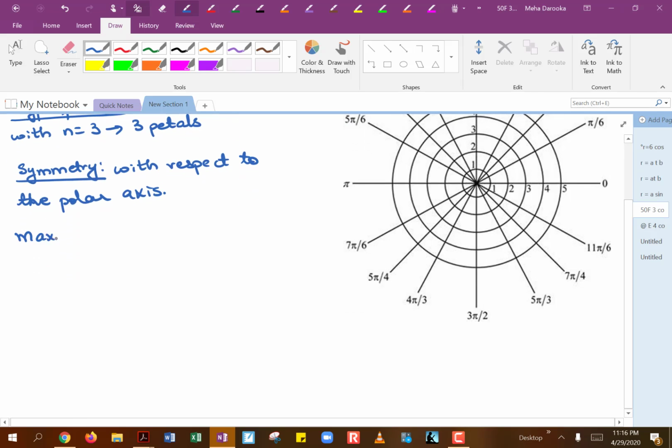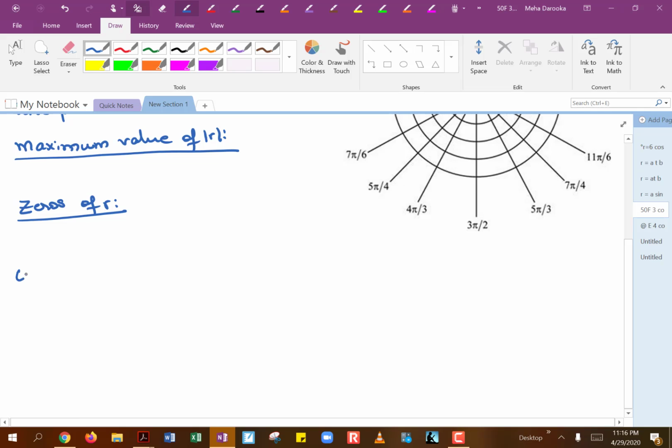And then, of course, we want to talk about where our maximum value for r is going to be, and that's the absolute value of r. And we want to talk about where the zeros of our r values are going to be.